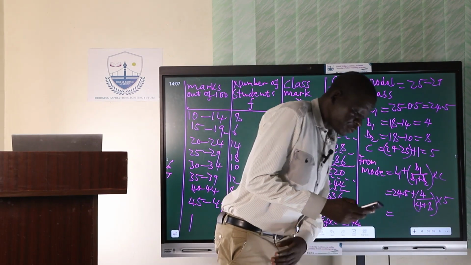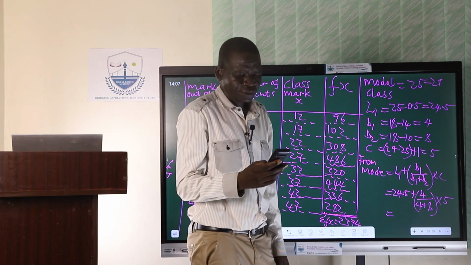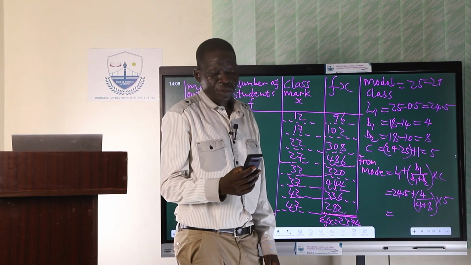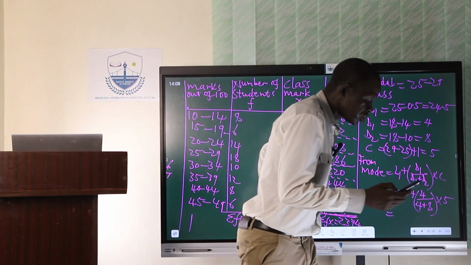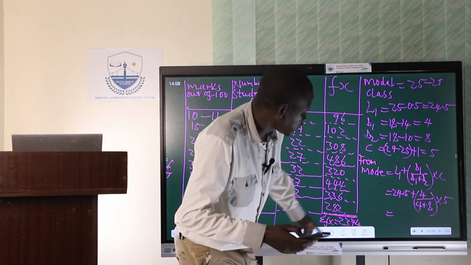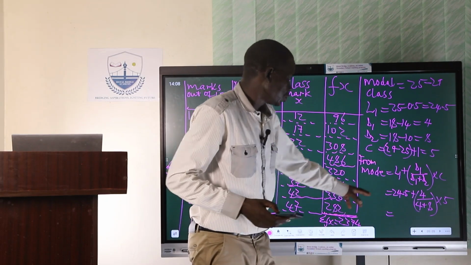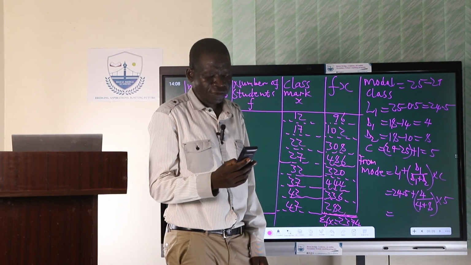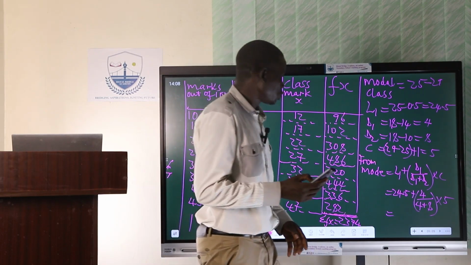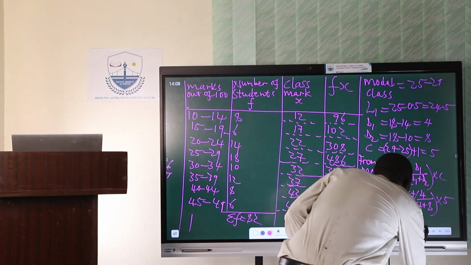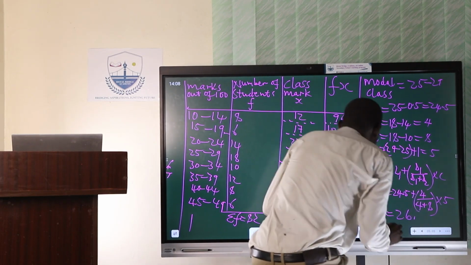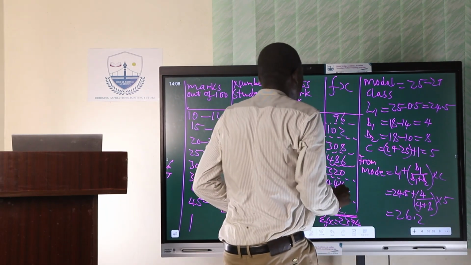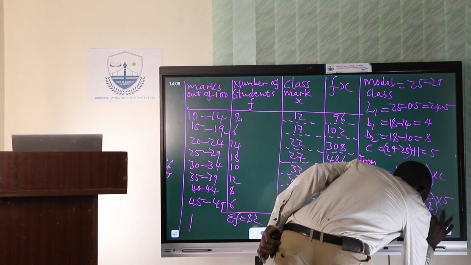And 20 divided by 12, we get 1.6667, then plus 24.5 is equal to 26.2.